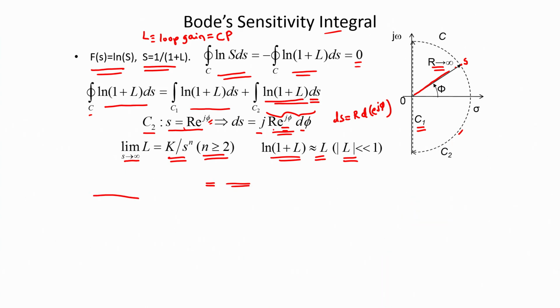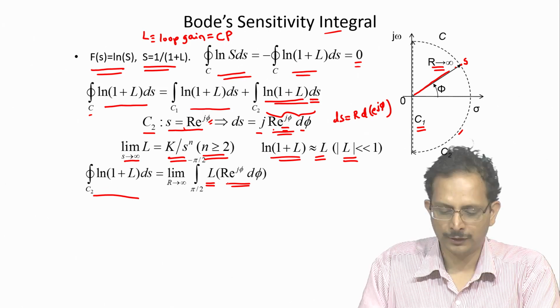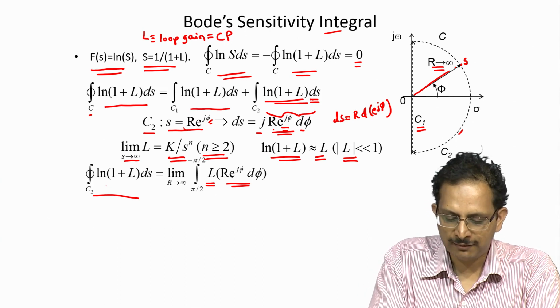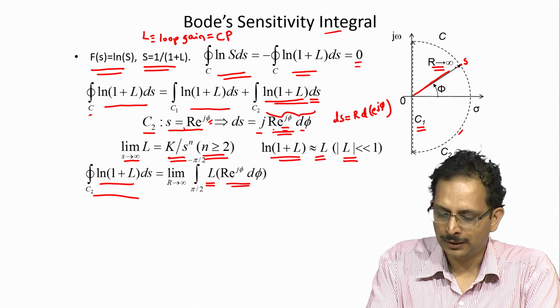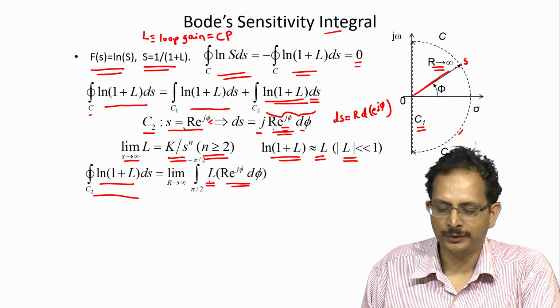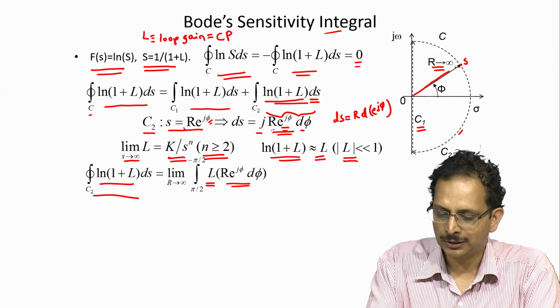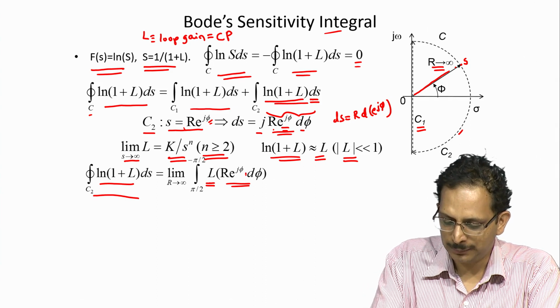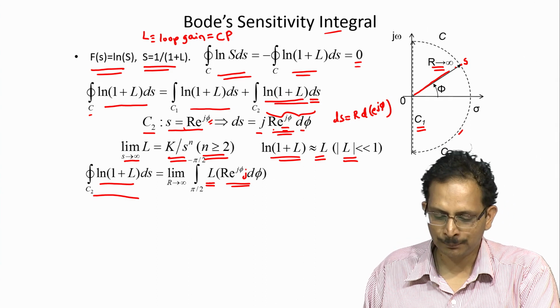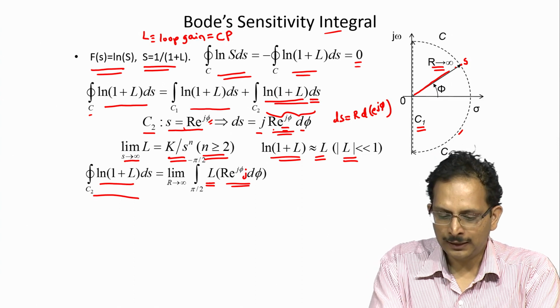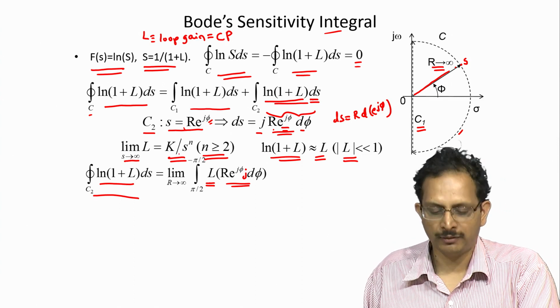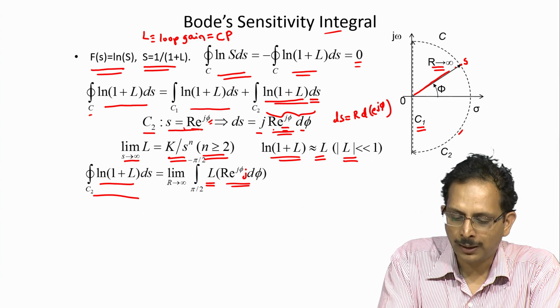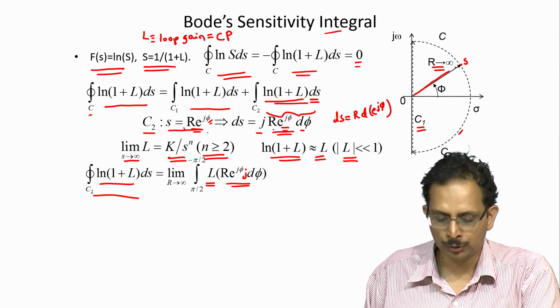With this particular approximation, we can write the integral over C2 of ln of 1 plus L ds in this particular form. So, we can replace the term 1 plus L by the term L, which is what has been done here, and the term ds by j times r times e power j phi d phi. There is a term j missing here, and I shall add that here, and we note that L would be of the form k by s power n, and s would be of the form r e power j phi on the contour C2.